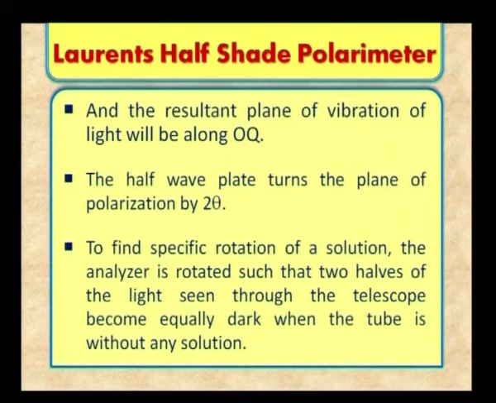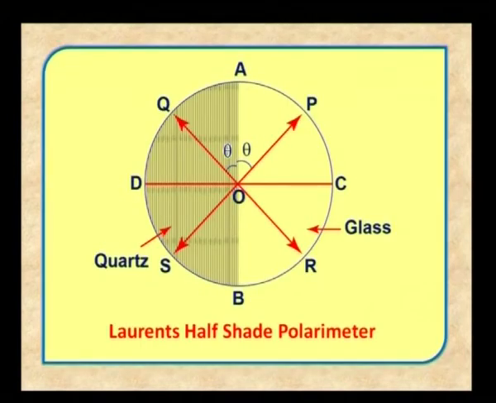To find the specific rotation of a solution, the analyzer is rotated such that the two halves of the light seen through the telescope will become equally dark, when the tube is rotated without the solution and then with the solution. The two halves will be equally dark or equally bright.